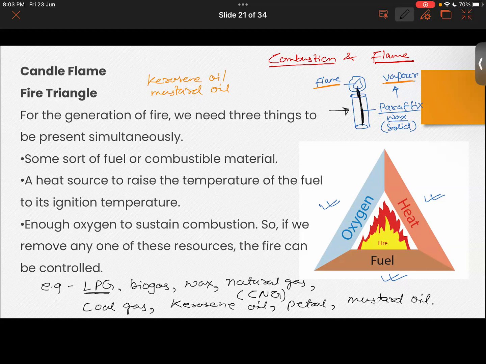So it converts solid into vapor here. So it's the vapor that is burning, right, guys? So let's take an example of charcoal and coal. What is the case with them? You see, charcoal is a solid fuel, and it does not vaporize on heating, right, guys? So will charcoal produce a flame?